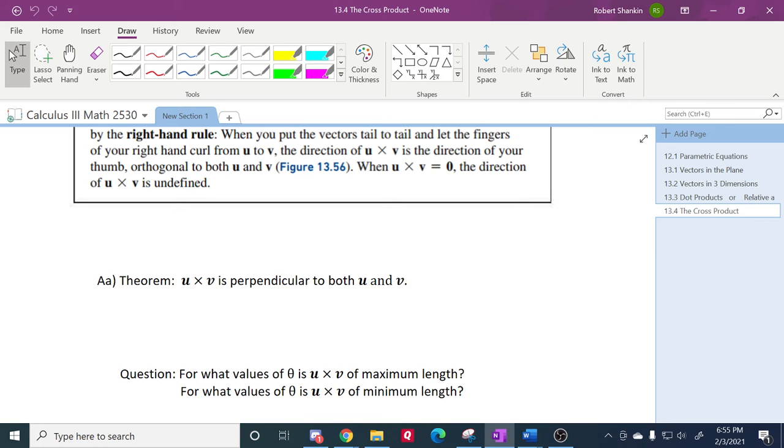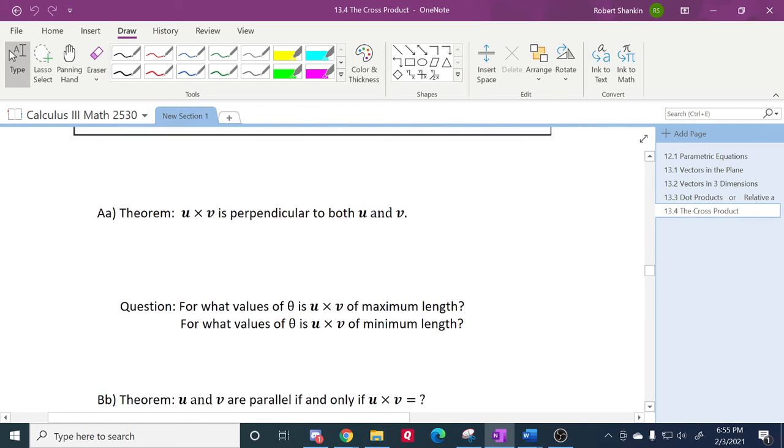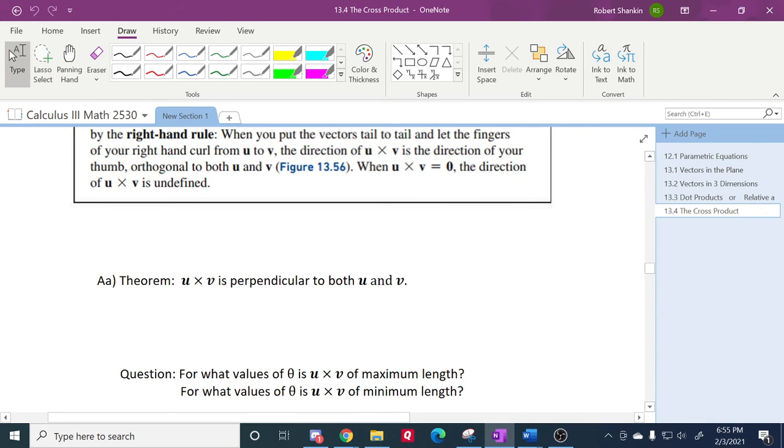The two vectors define a certain plane. There's only one plane that will do that. And then u cross v is going to be perpendicular to that plane. All right, so two questions. For what values of theta is u cross v of maximum length? And for what values of theta is u cross v of minimum length?